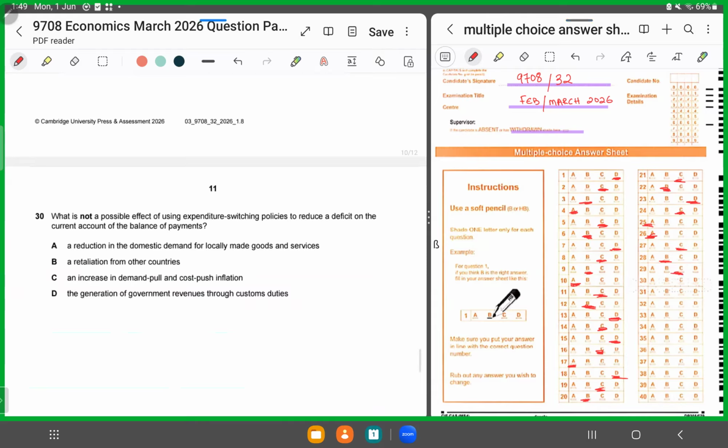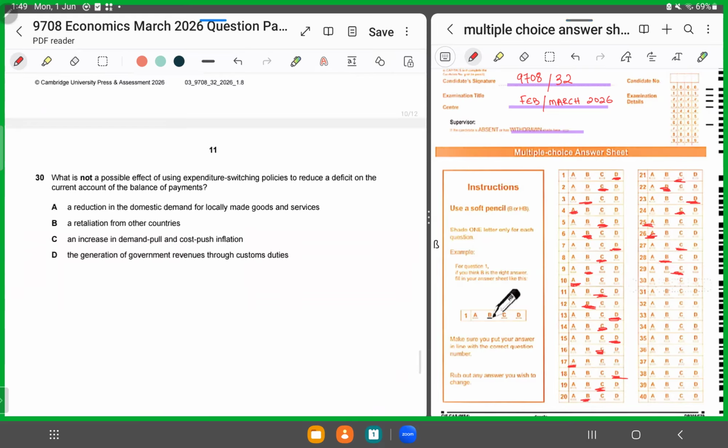Moving forward, MCQ number 30, that's the last MCQ. What is not a possible effect of using expenditure switching policies to reduce a deficit on the current account of the BOP? Why do you think the government is trying to reduce the deficit in the current account of the BOP? But what would not be a possible effect of doing this? B says a retaliation from other countries. It cannot be B because it can invite retaliation. C says an increase in demand pull and cost push inflation.